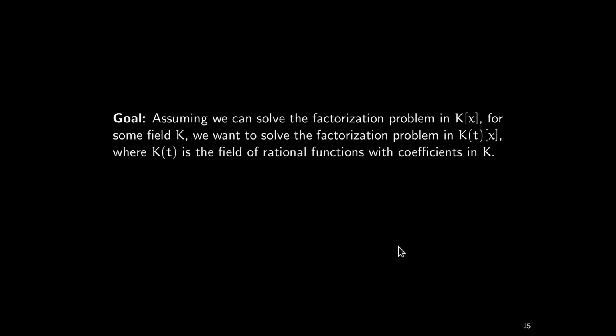The goal is that we assume that the K here is a field for which we can already solve the factorization problem. So what we do here is a problem reduction for ultimately the field of rational functions, and as an intermediate step the field of Laurent series as coefficients. We want to factor polynomials over this, assuming we can factor polynomials over this.